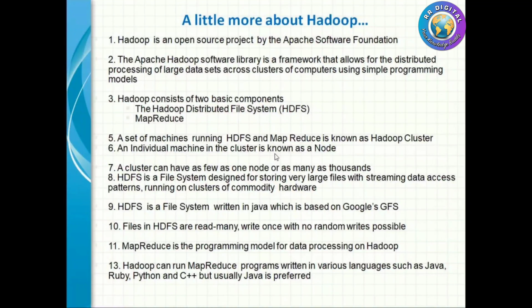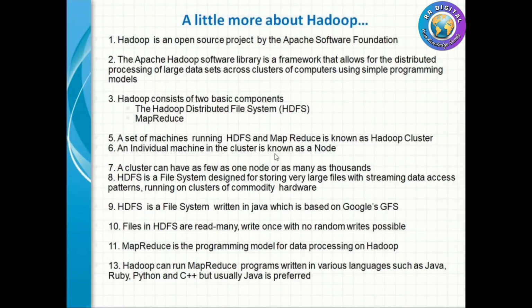HDFS allows you to store data. Basically, to store data they implemented the Google File System, GFS. Based on the Google File System, they implemented the Hadoop Distributed File System. With HDFS, you can store your data one time and read it n number of times.